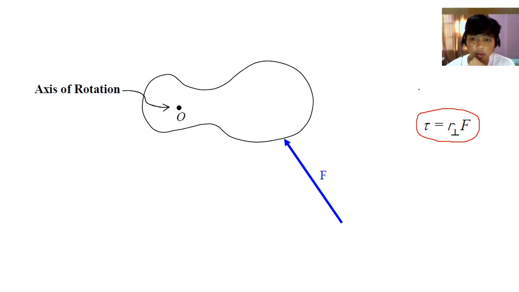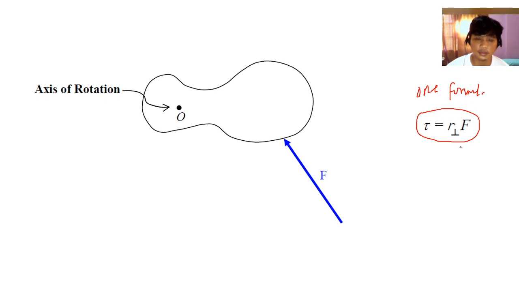This is one formula you can use to solve for torque. As you can see, it has the force component in there, because force is a crucial part of torque. If you know the magnitude of the force, you need to know one other important variable, and that is this R perpendicular.